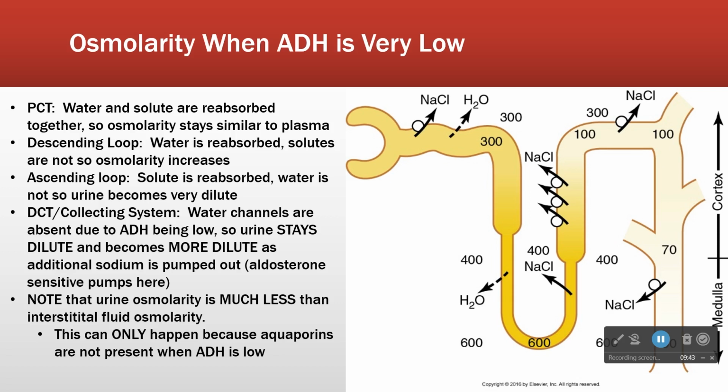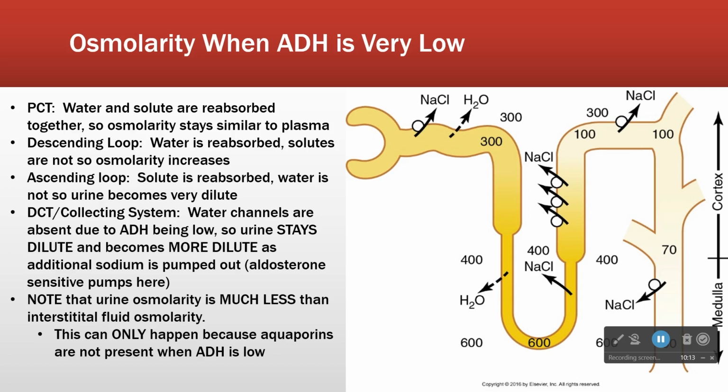So the DCT and the collecting system: water channels are absent in these areas from here on down, because the water channels in these areas are ADH sensitive. If ADH is absent, water aquaporins don't exist in the distal part of the nephron. So water is trapped. It can't get out. So what will happen?